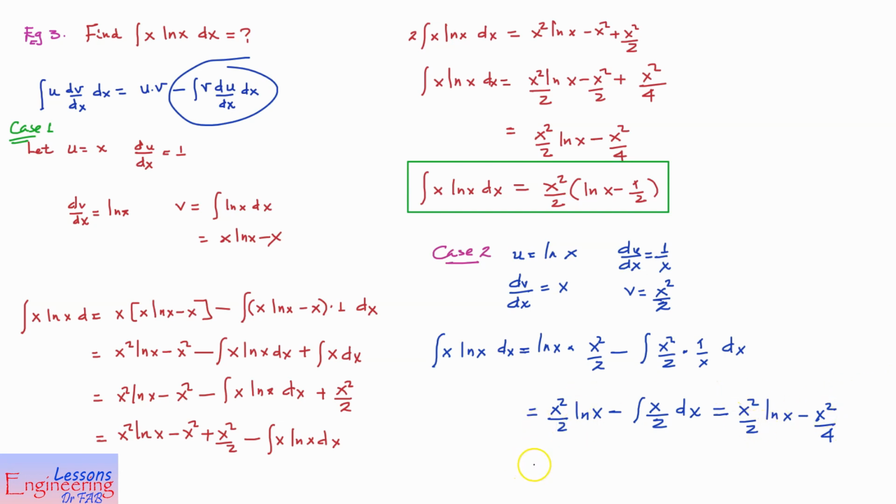So if we take a common factor, that will be x squared over 2 times ln x minus 1 over 2. Okay, so we're saying that this is equal to the integral of x ln x dx.